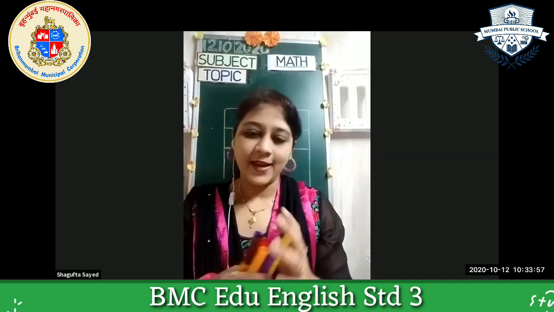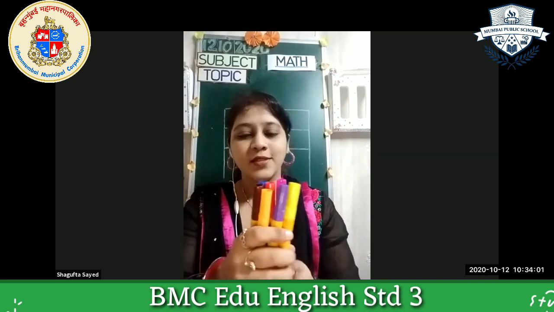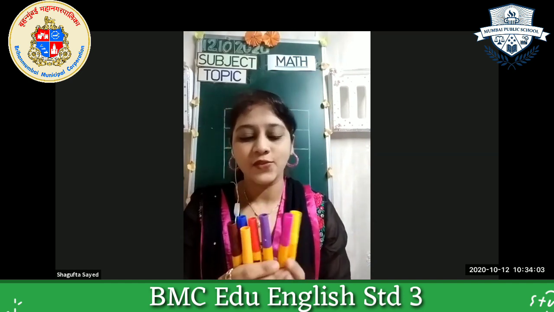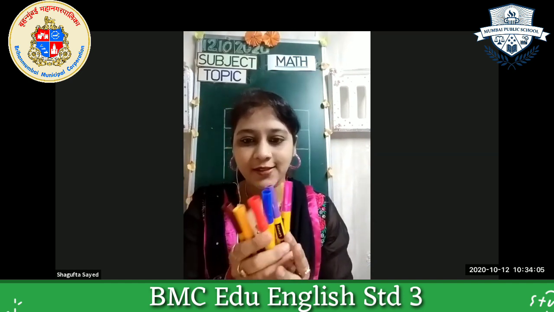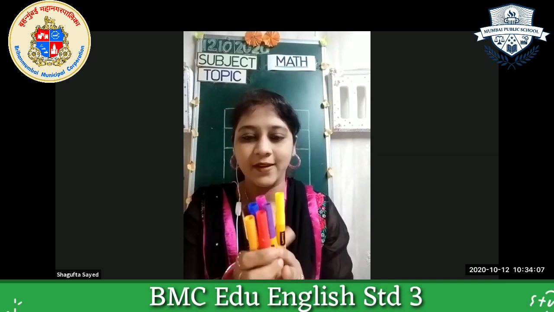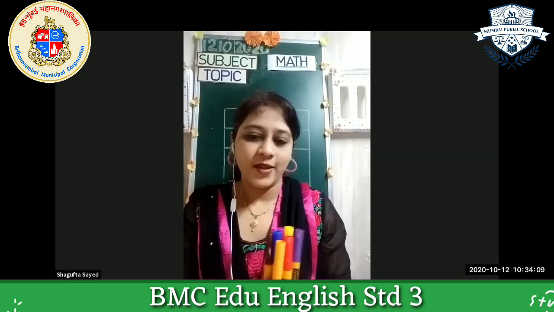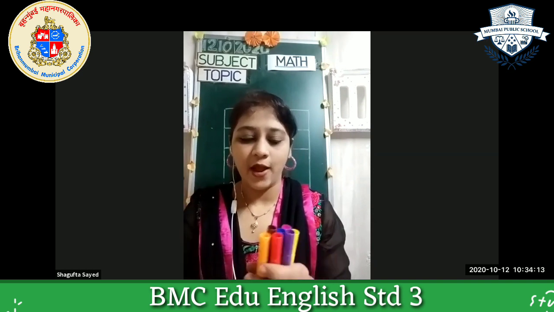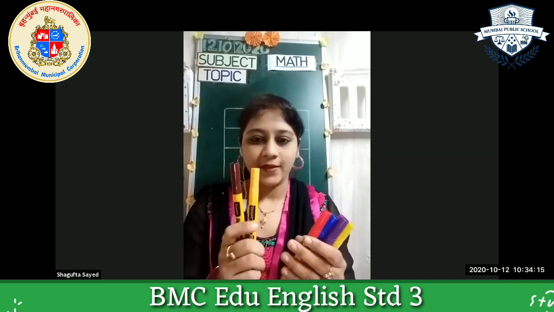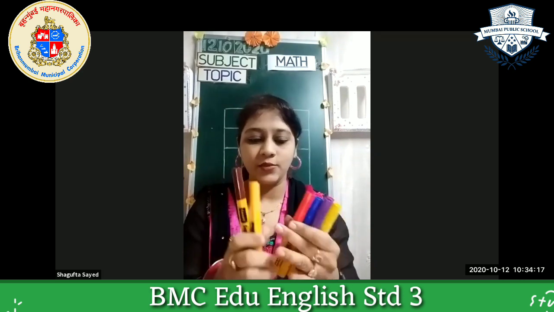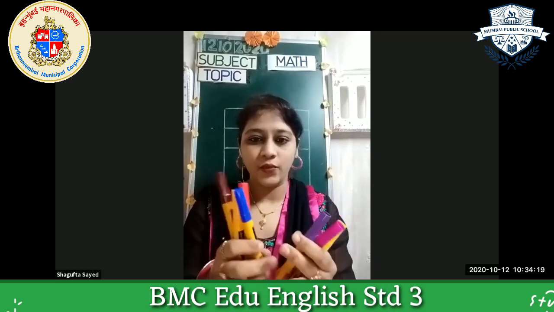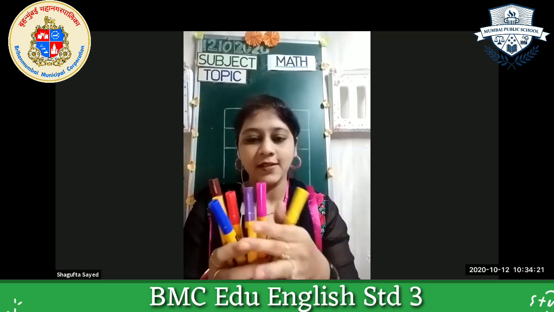Now, can you see I have so many colorful sketch pens with me, right? I'm showing you one by one. You just count and let me know how many it is. See, 1, 2, 3, 4, 5, 6, 7.